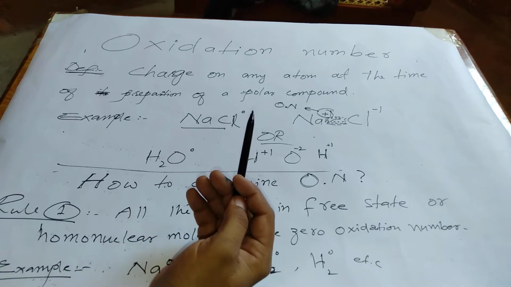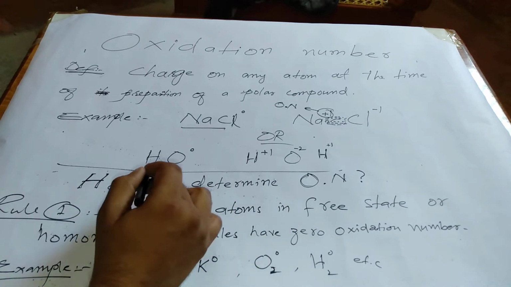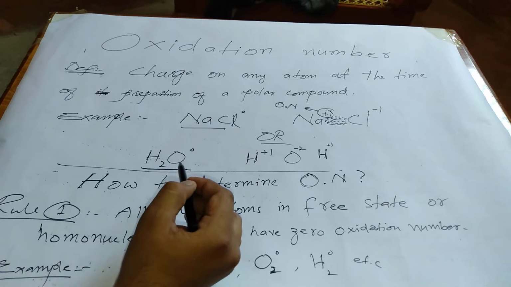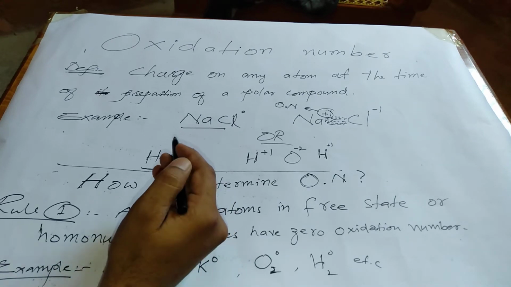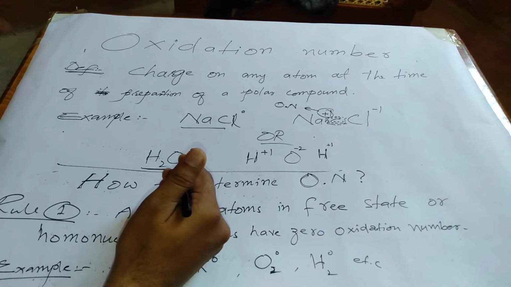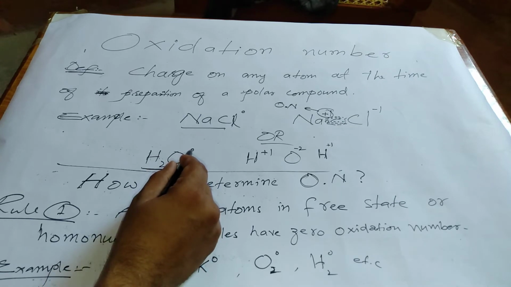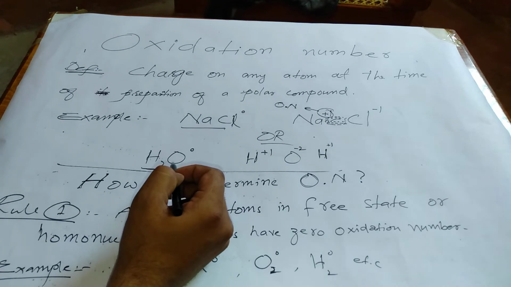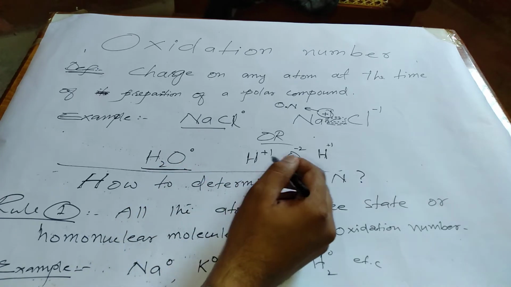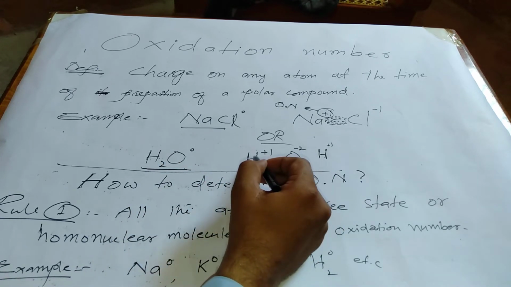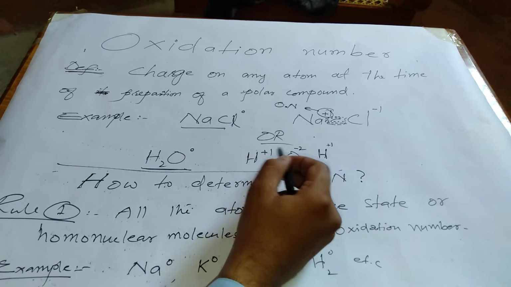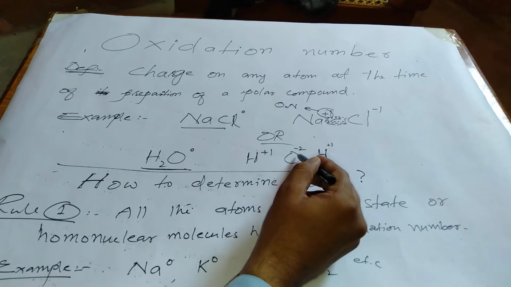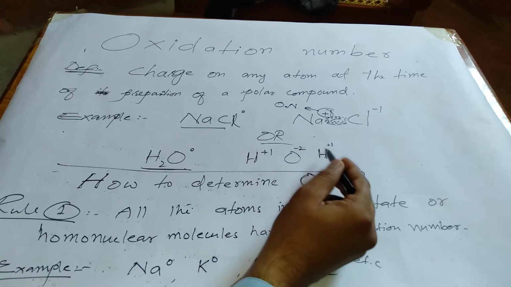That polar compound may be any ionic compound or any type of covalent compound like water. On water there is no charge, it is zero charge. That means zero oxidation number. While when water is formed, hydrogen loses 1 electron, so it attains +1 charge, and oxygen gains those 2 electrons, 1 electron from each hydrogen atom.